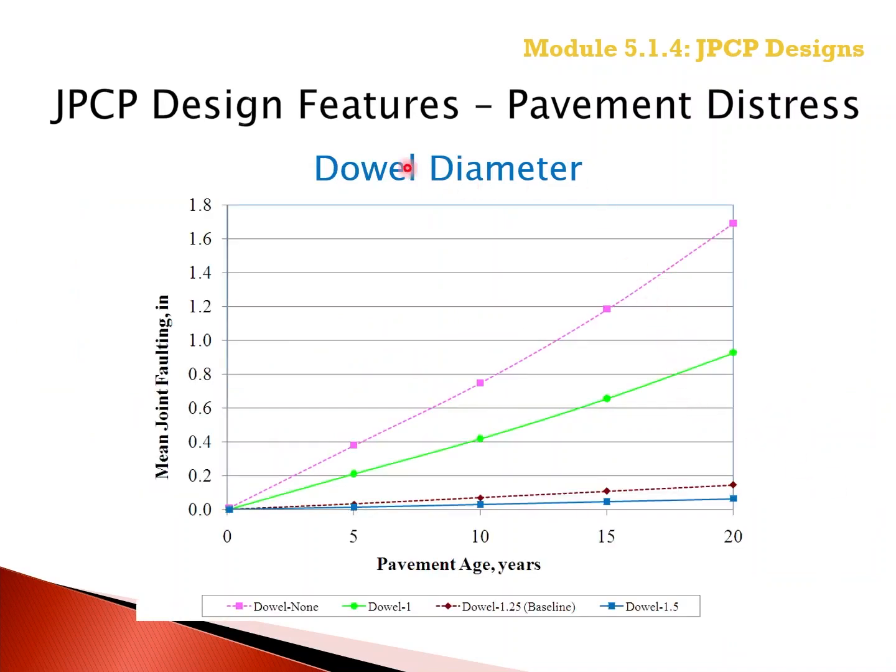The use of dowels, showing here the dowel diameter, will reduce the differential deflections across the transverse joint and significantly reduce the faulting of transverse joints. Remember from module 4.4.2 on faulting, the use of dowels significantly reduces the differential deflections across the transverse joints.